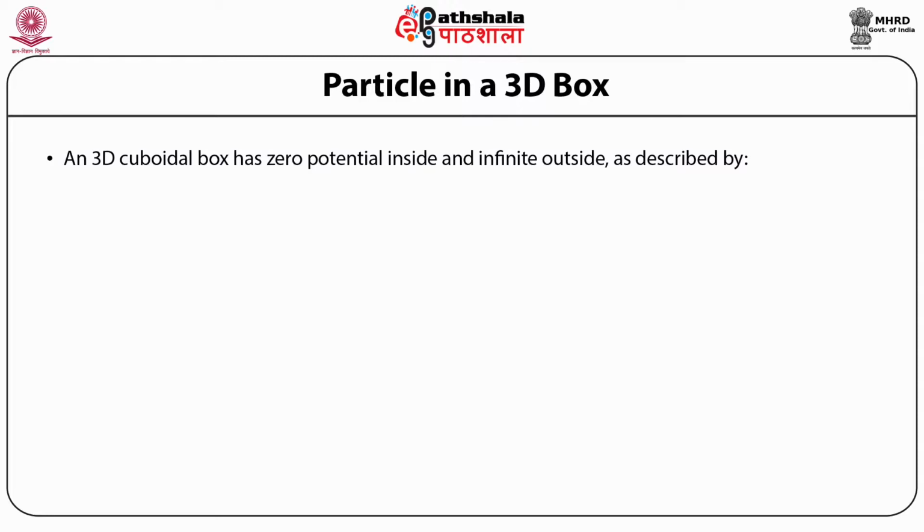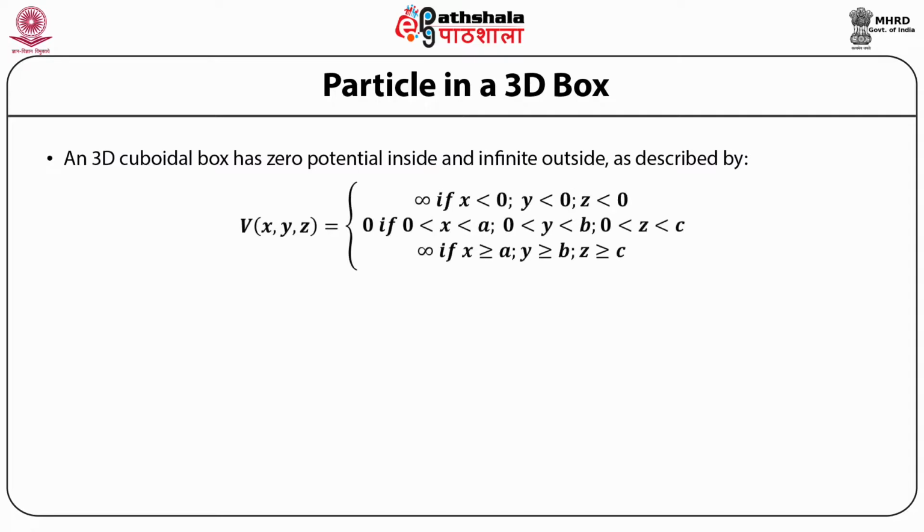So now students, here the potential will be a function of x, y and z, and it is equal to infinity if x is less than 0, y is less than 0 and z is also less than 0, and it is equal to 0 if x varies from 0 to a, y varies from 0 to b and z ranges from 0 to c.